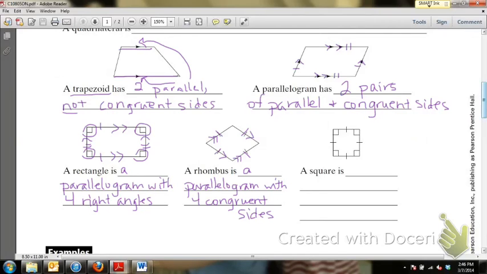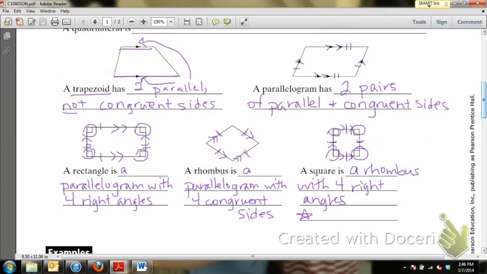A square is a rhombus with four right angles. So all the sides are congruent, meaning it's a rhombus. Opposite sides are also parallel, making it a parallelogram, and it's got 4 right angles, which putting all that together makes it a square.